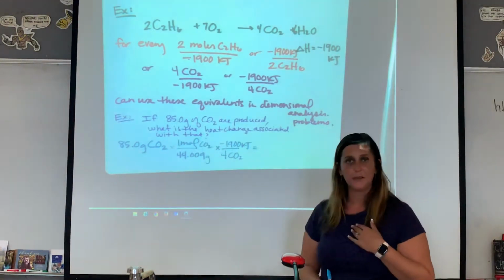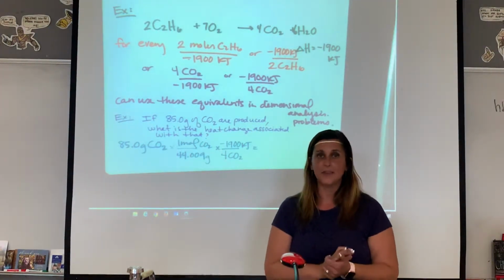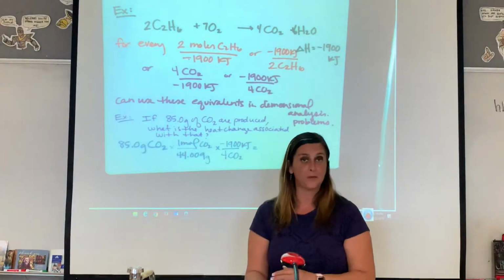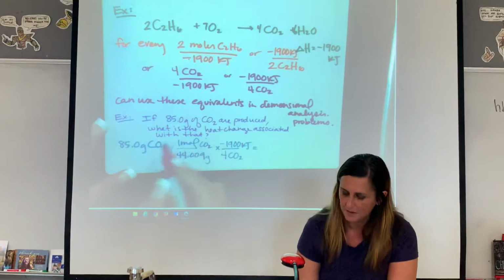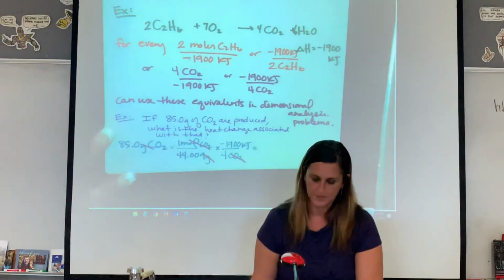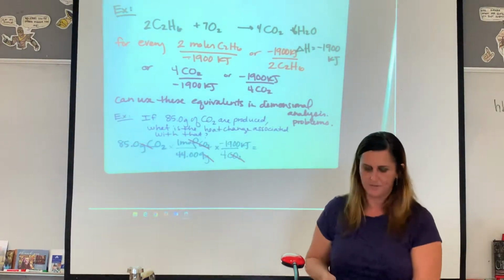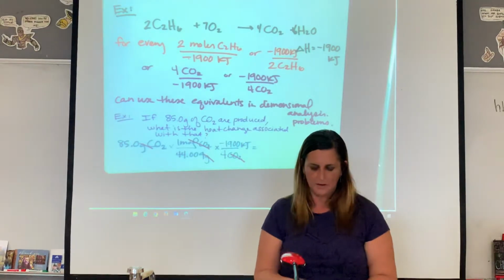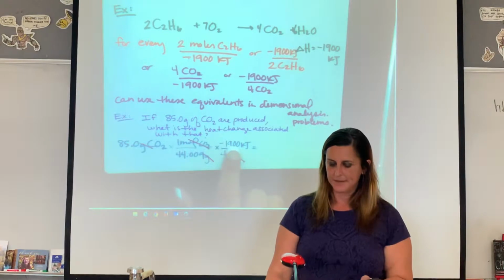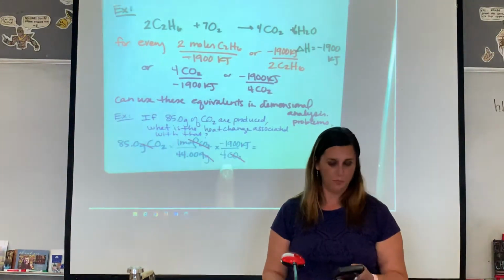So what we're trying to do is cancel out grams and moles and get to kilojoules because we're asked to answer in a factor of heat. So we want to look at this and go, okay, grams cancel, moles cancel, and we end up with kilojoules. So we're going to break out our trusty calculator and do the math, and the math will be 85 times negative 1900, and then divide by 44.009 and divide by 4.